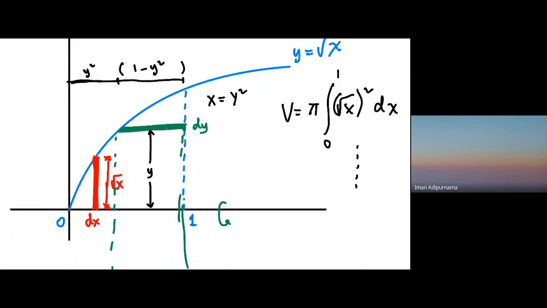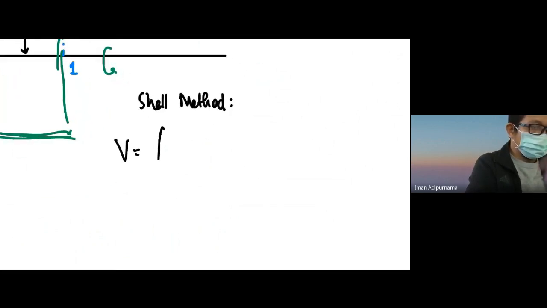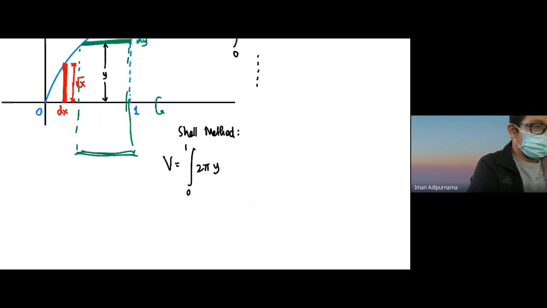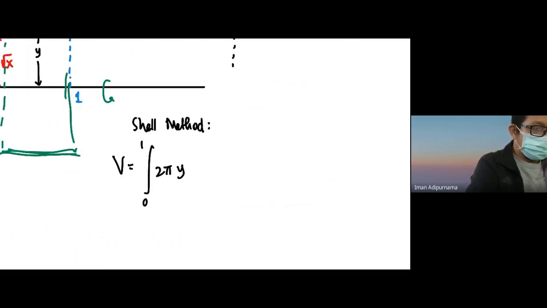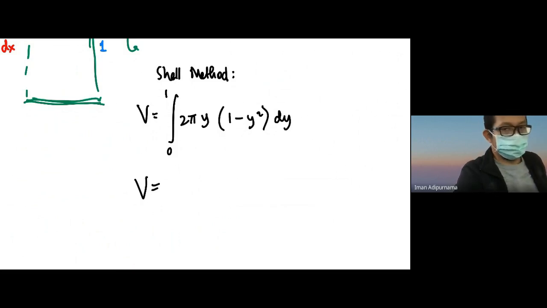So if we check it through the shell method, we find y, the radius, and then the height is 1 minus y squared, and then dy. A little bit of calculation, but I think it's also not really that complicated.